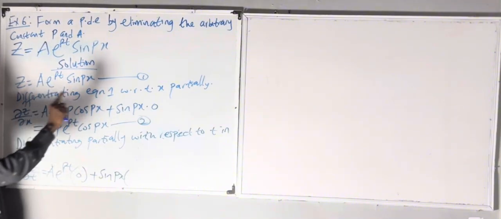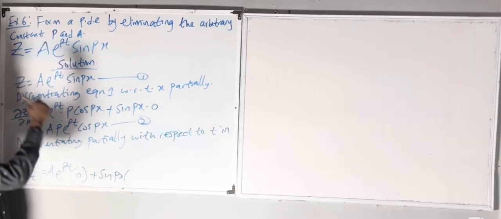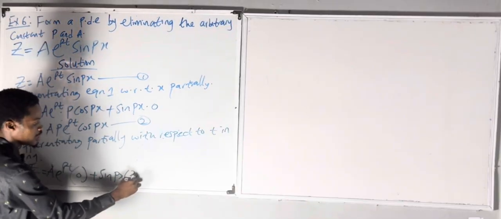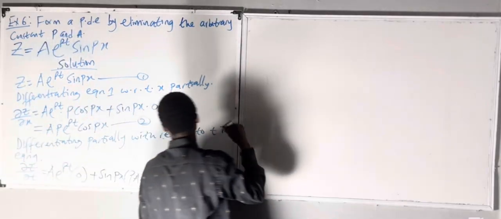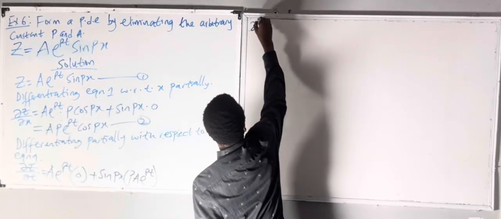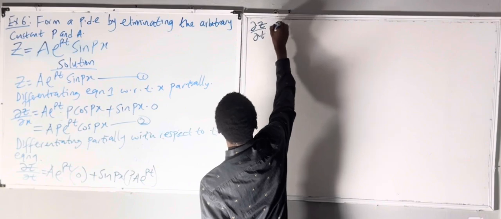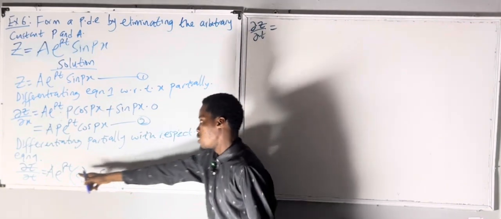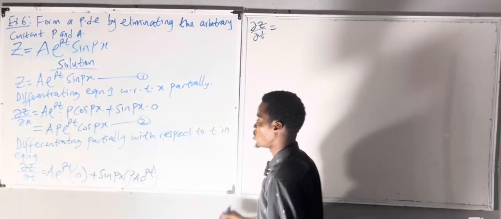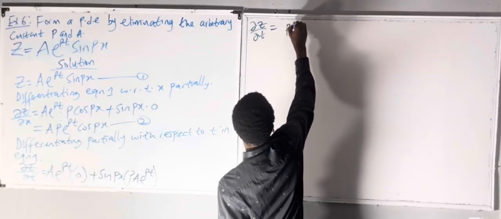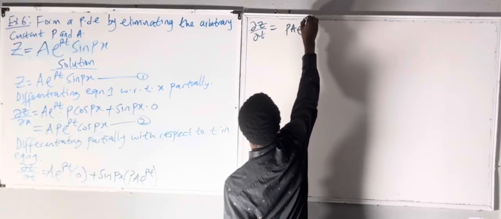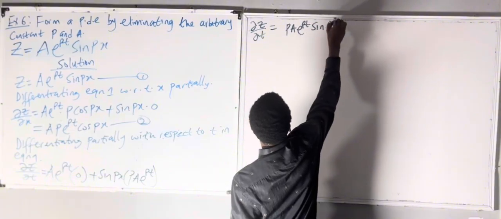If I differentiate pt, I'm going to have 1 times p, multiplied by everything, that is pa exponential pt. So dz over dt is equal to a exponential pt times 0, which gives 0, plus pa exponential pt sin ps.